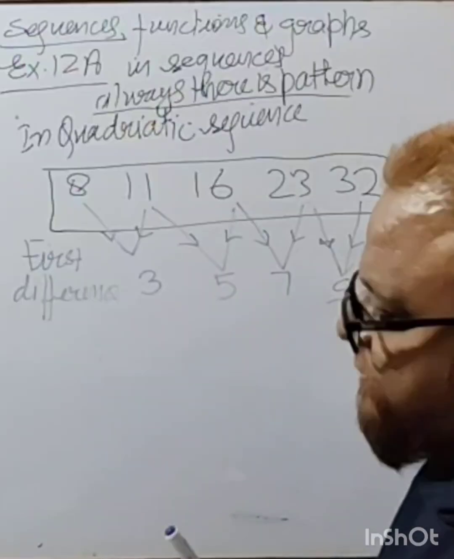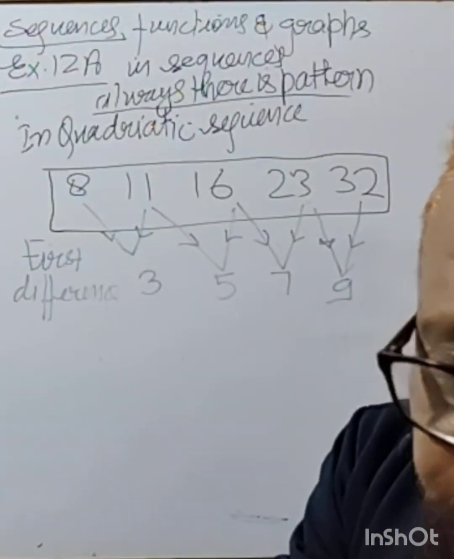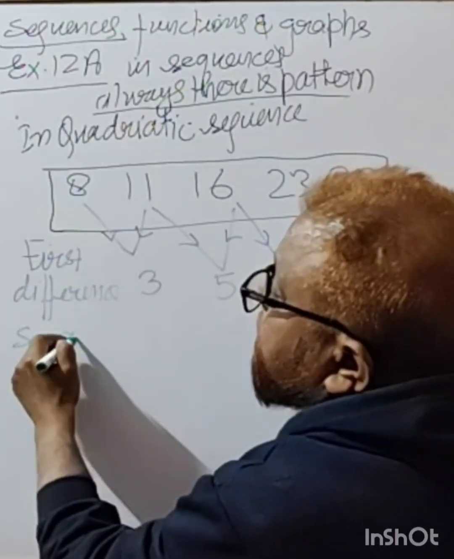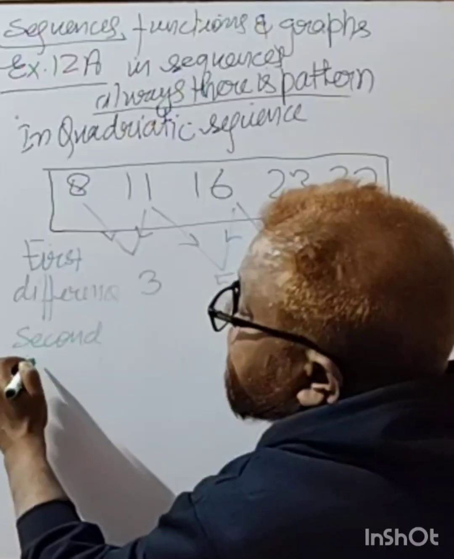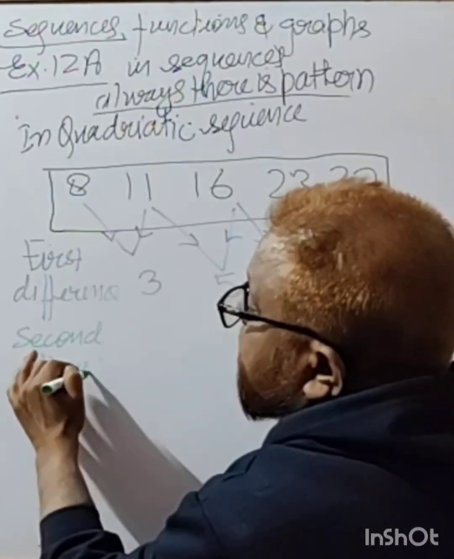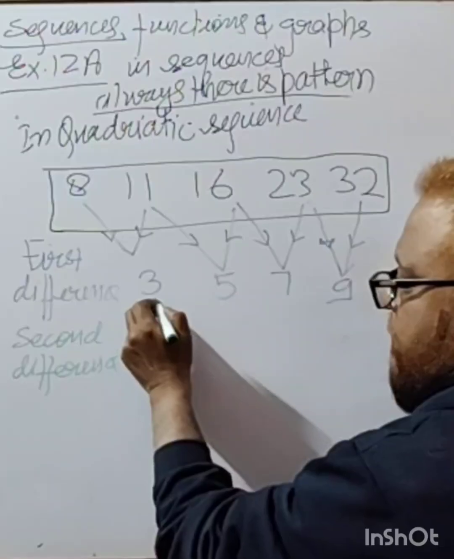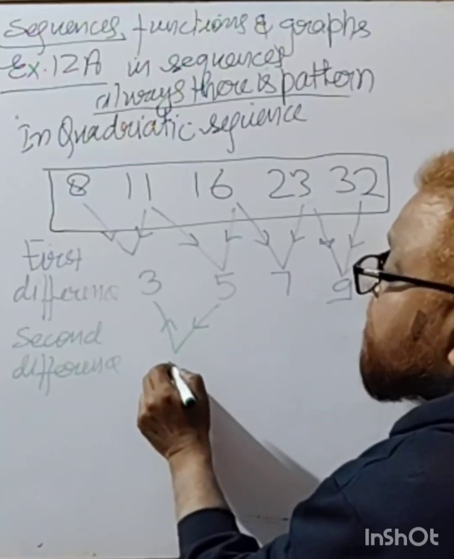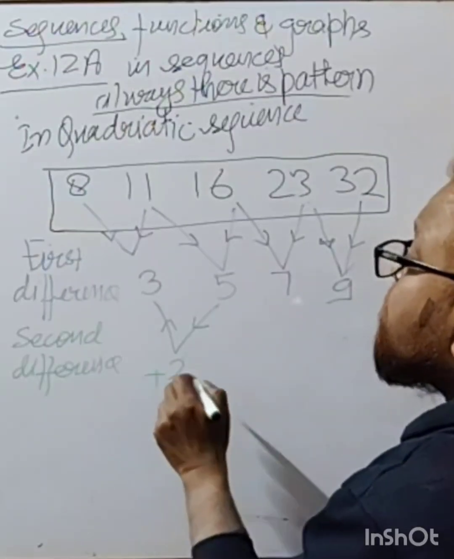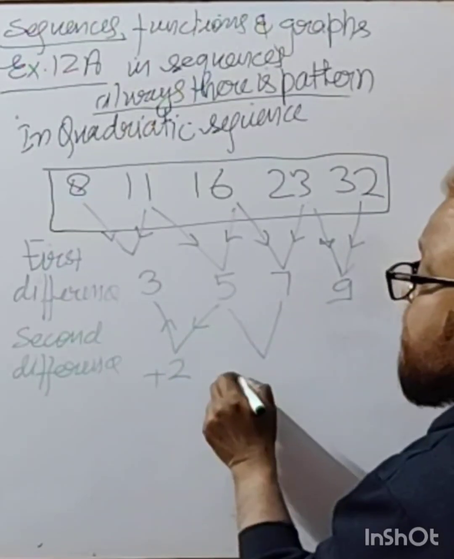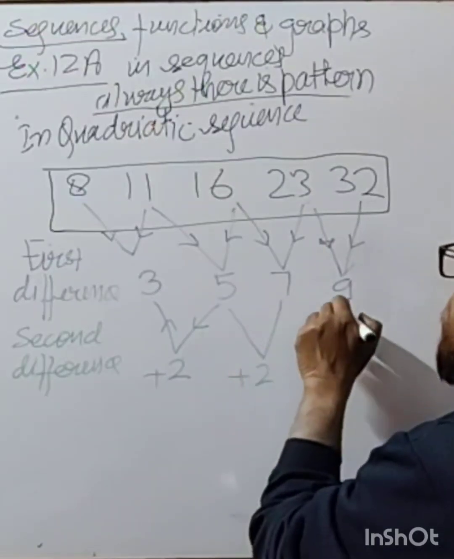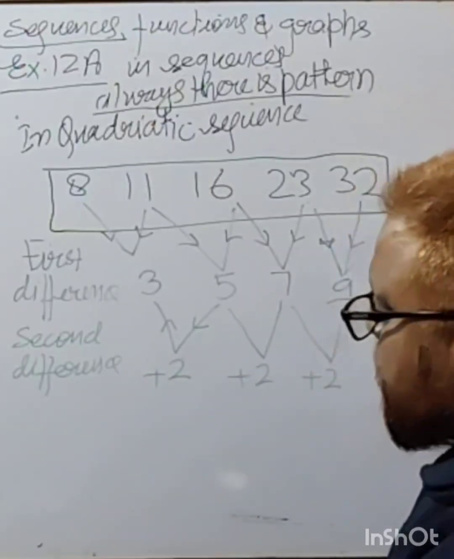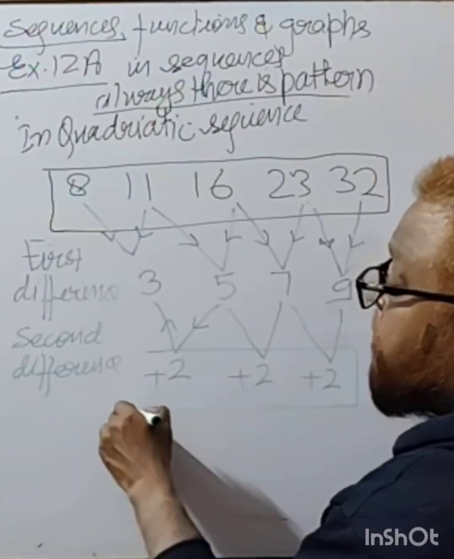This is the first difference. Now they are talking about the second difference. 5 minus 3 becomes 2, 7 minus 5 becomes 2, 9 minus 7 becomes 2. So the second difference is the same.